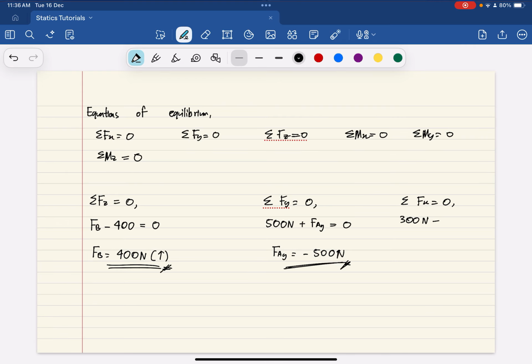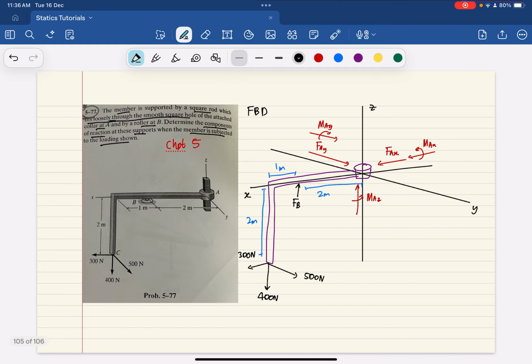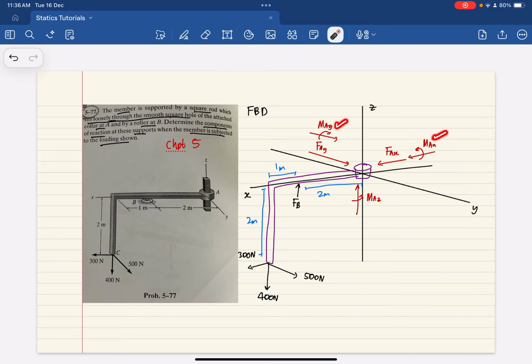So it's plus FAX equals 0, therefore FAX equals negative 300 Newtons, going in the negative direction. So we've already found 3 of our unknowns, but we still have 3 left. We still do not know MAY, MAX, and MAZ.